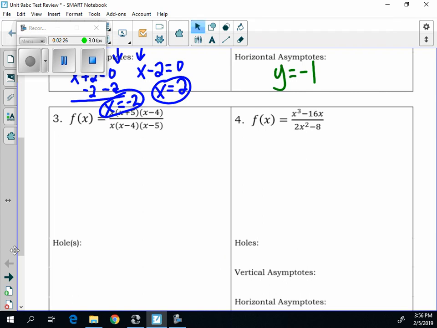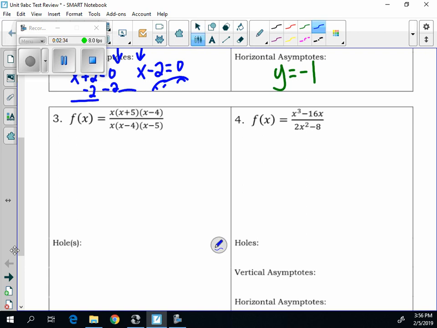On number 3, I already have it factored for you, so you're going to see this on the test also. It's already factored. We're looking for the holes in this problem. Holes are where, when it's factored, something simplifies. So our x simplifies, and our x minus 4 simplifies. Whatever simplifies out, whatever you cancel out, that's going to become your hole.